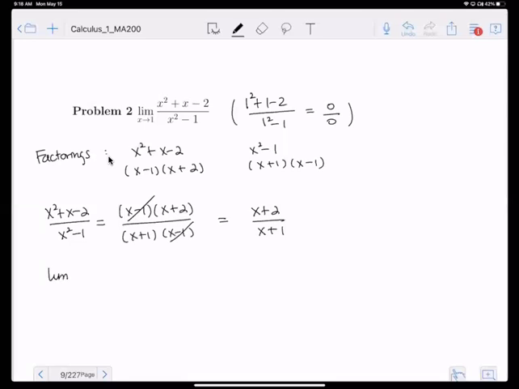So the limit as x approaches 1 of (x squared plus x minus 2) over (x squared minus 1) can be rewritten as the limit as x approaches 1 of (x plus 2) over (x plus 1), which is 3/2. Yes, the limit exists. The limit is 3/2.